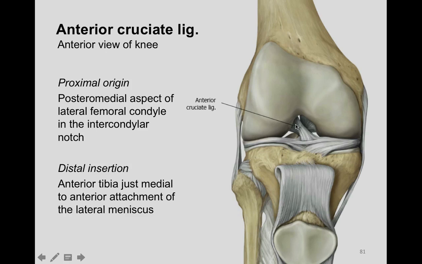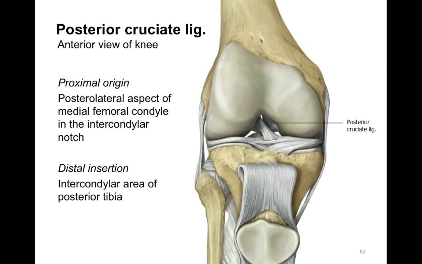Here we can see the ACL and how it is more laterally positioned compared with the PCL. And I've given you the proximal and distal attachments here on the side, but I'm sure you could read those at your own leisure. Same deal with the posterior cruciate ligament, labeled here, located more medially to the ACL.